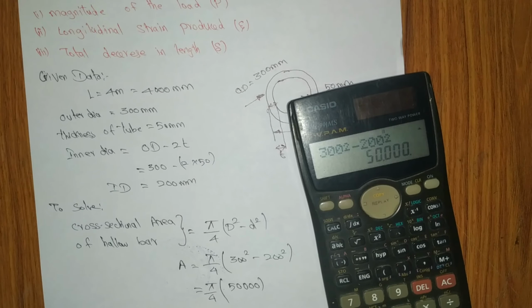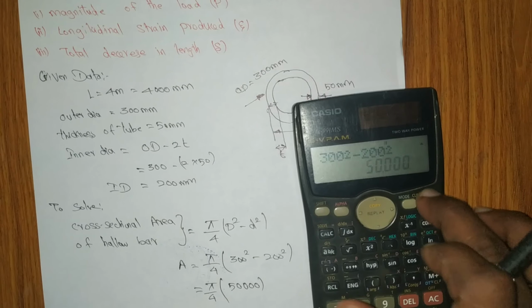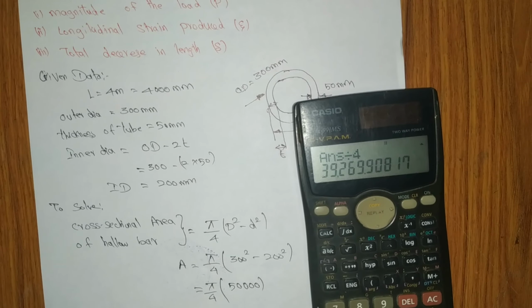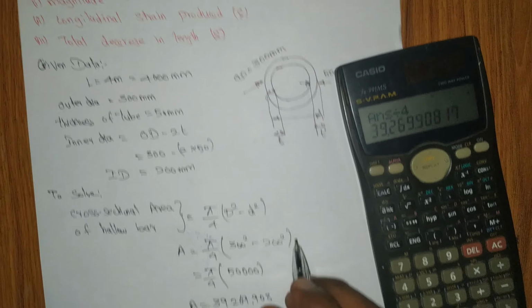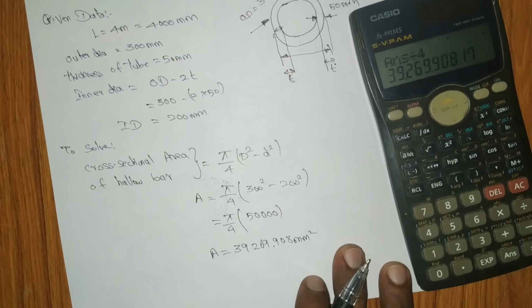So we have to multiply with pi, pi by 4 into 50,000, divided by 4. Then we have 39269.908. This is the area, and the area is in mm square. So we find out the area.